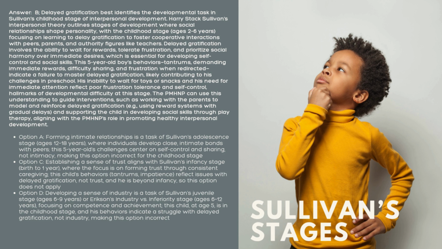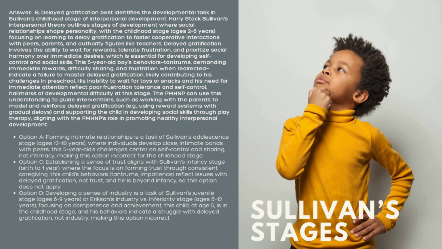Frustration tolerance, managing emotional distress with desires that we're going to defer in those situations, and that's going to help foster the self-control that we're looking for. And then cooperative interactions, engaging with peers, parents, and authoritative figures through sharing and turn taking, and that's going to help establish social harmony. So failure to master delayed gratification is going to result in behaviors like tantrums, impulsivity, and difficulty sharing.